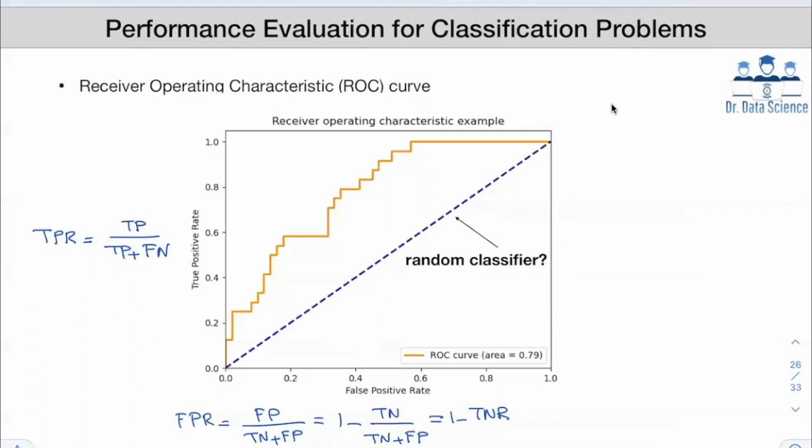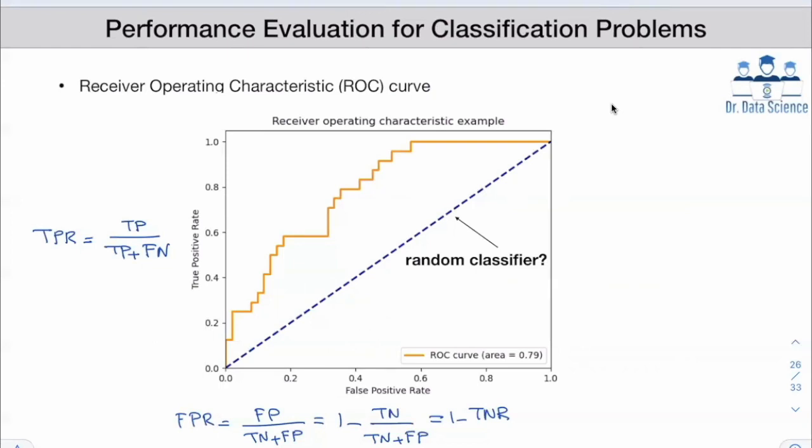Remember, for example, for logistic regression, because it gives us a probability score, we don't have to set the probability always to be at 50% to decide whether a point belongs to class 0 or class 1. We can actually move that threshold, right?